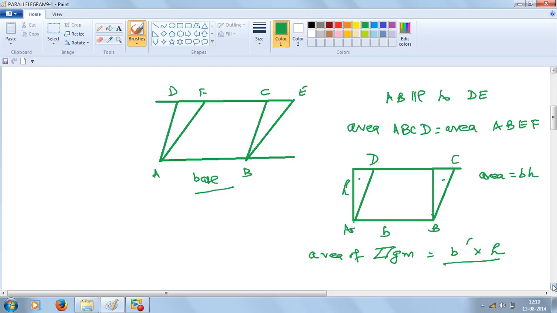In a similar way, we can have any other parallelogram. Try to draw one more parallelogram, making it a little steeper this way. This new second parallelogram is of the same area, base times height.